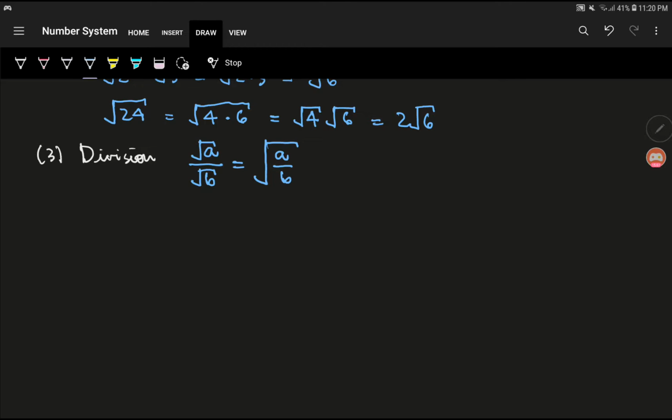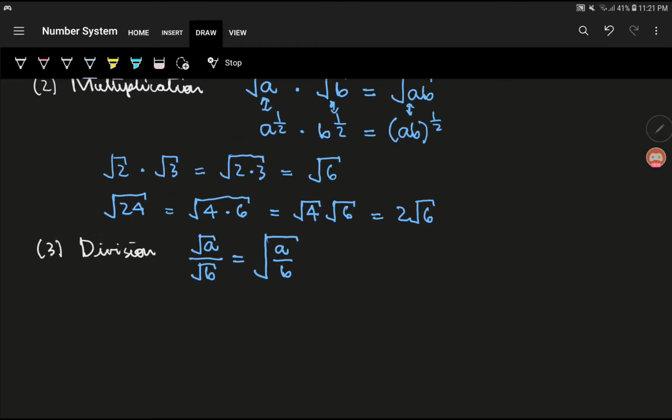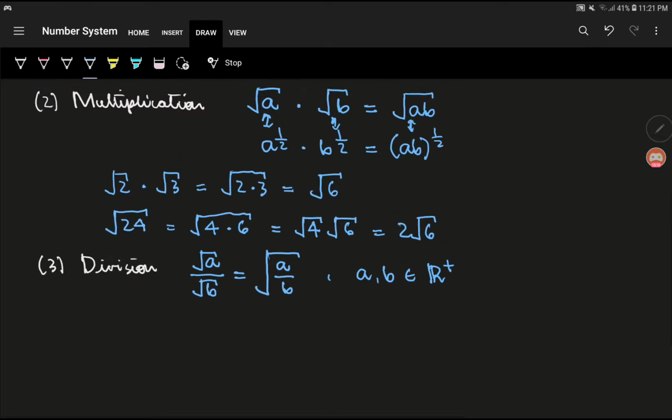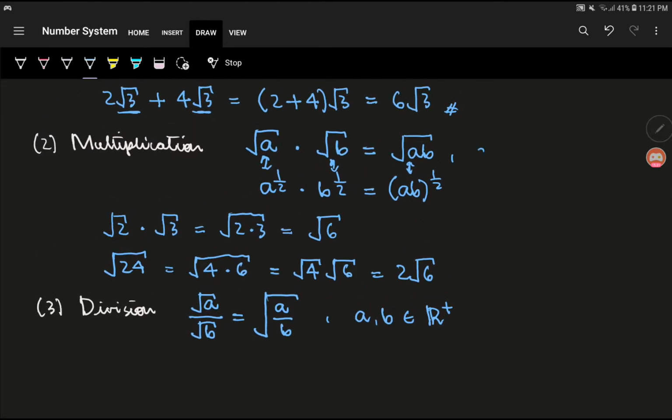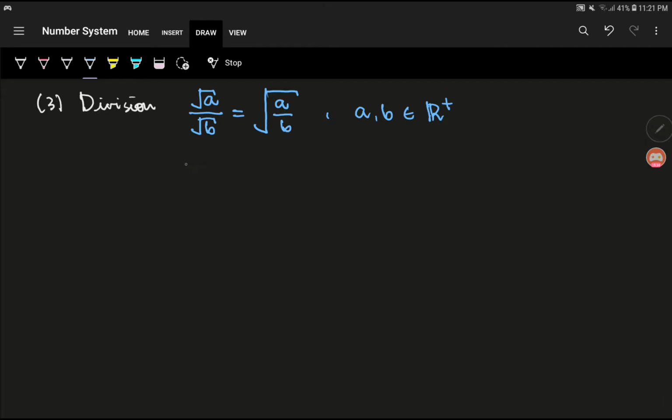With the condition that, for the second and third rules, A and B are positive real numbers. So for example we have surd 20 over surd 5.